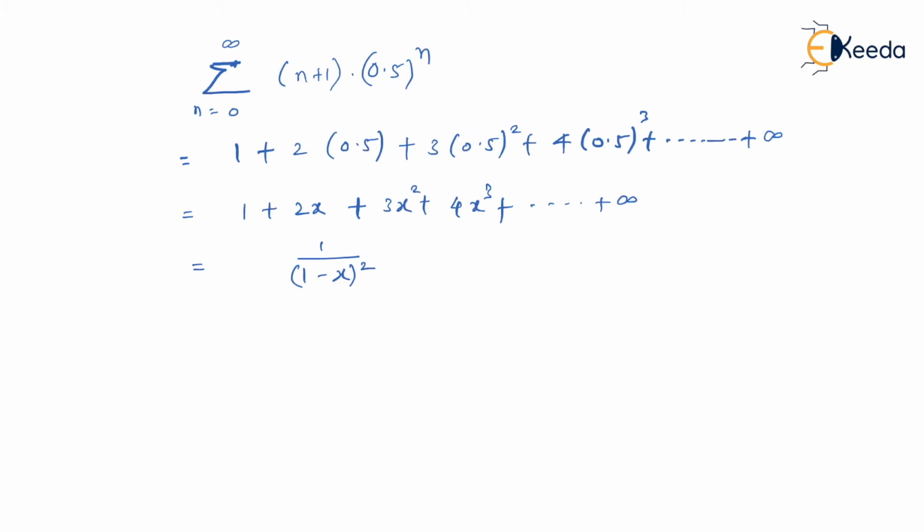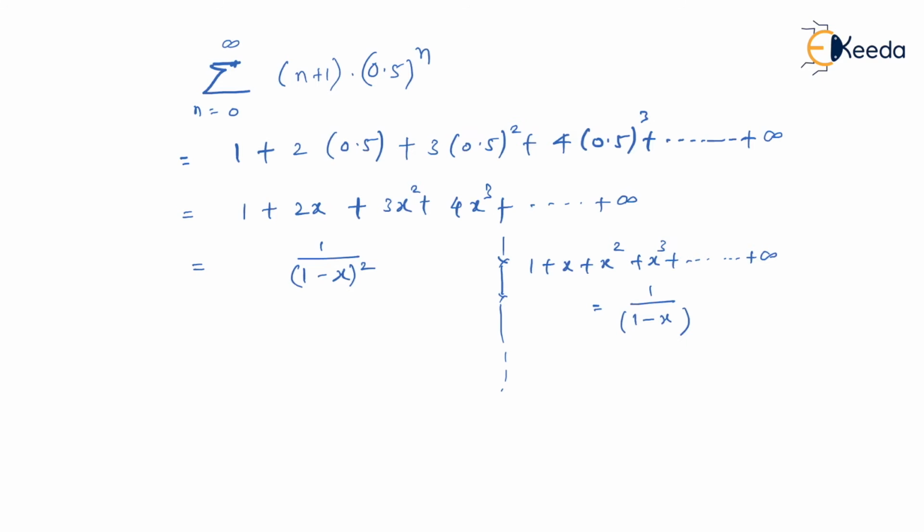Let me tell you, just for general knowledge, in case you have a series 1 plus x plus x square plus x cube, and so on up to infinity, with common ratio x, then this is equal to 1 upon 1 minus x. So you can just have an idea.